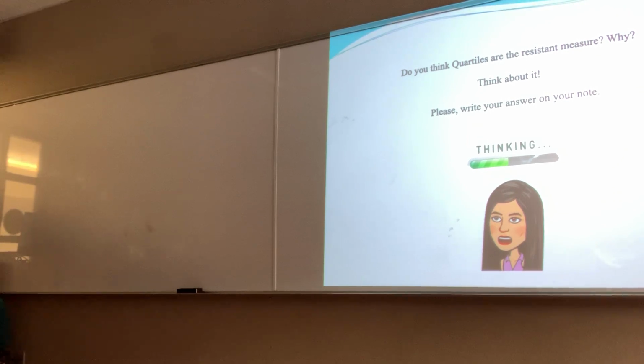Fine. Okay, continue writing down. So just think about that. Which of the measures that we already talked about is similar to quartiles? And if that measure were resistant or not. Just think that way, maybe it comes to your mind.